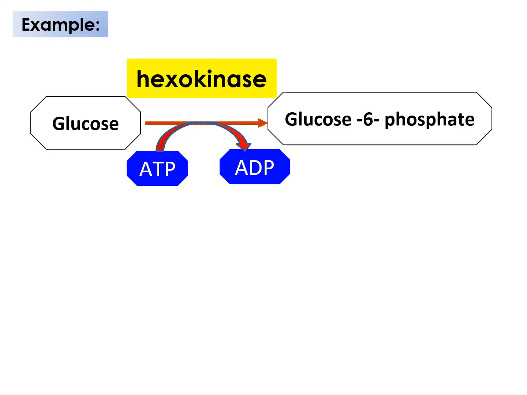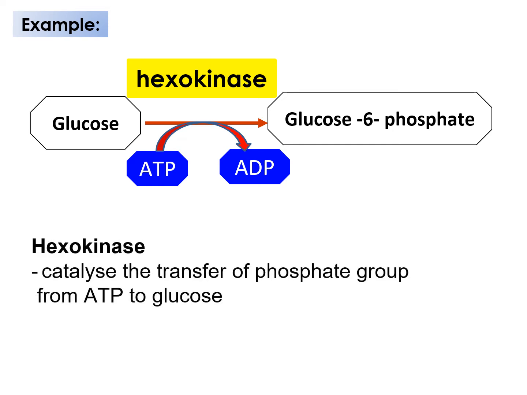Hexokinase enzyme catalyzes the transfer of phosphate group from ATP received by glucose. So glucose is phosphorylated to glucose 6-phosphate, while ATP, since it loses phosphate, is converted from ATP to ADP.